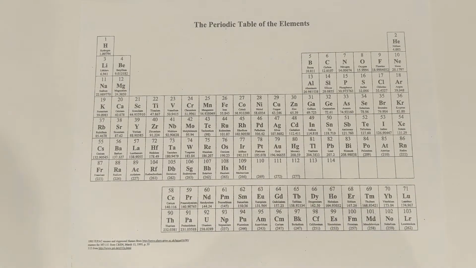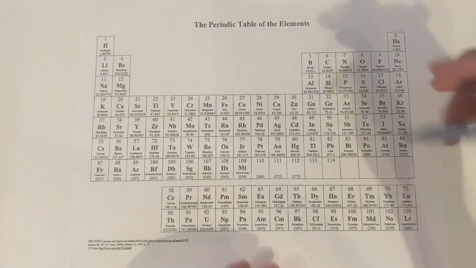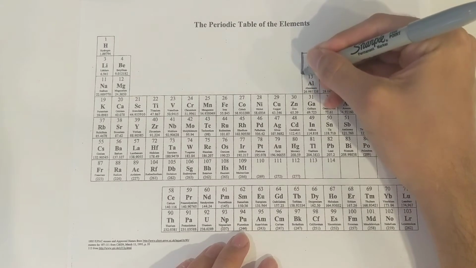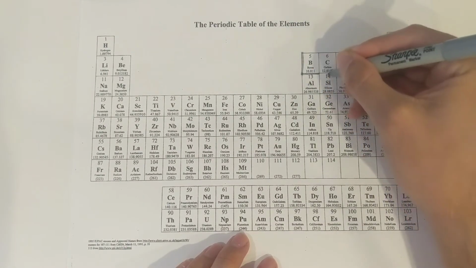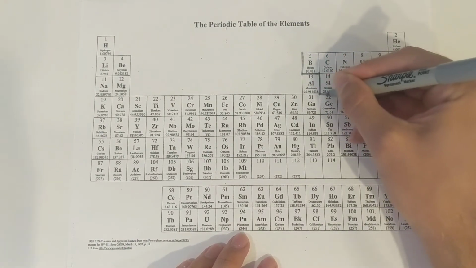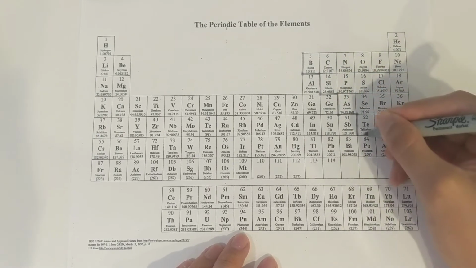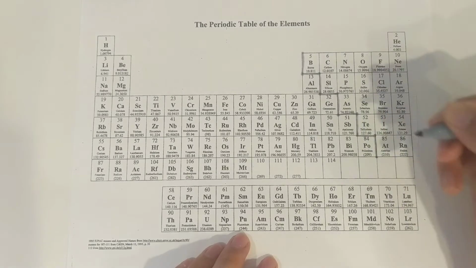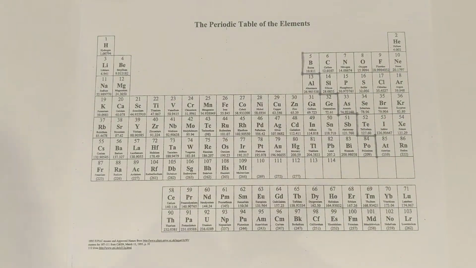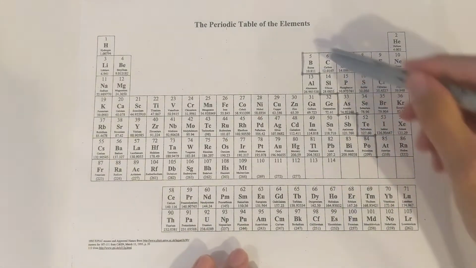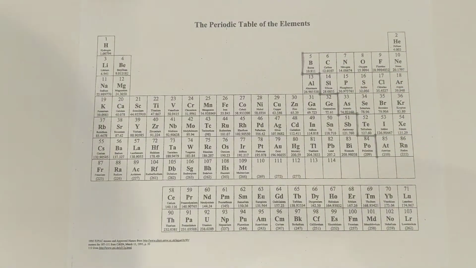So the first thing I'm going to draw, something you should be very familiar with by now, is our staircase, separating our metals from our nonmetals. And then a lot of these elements touching the staircase are metalloids.